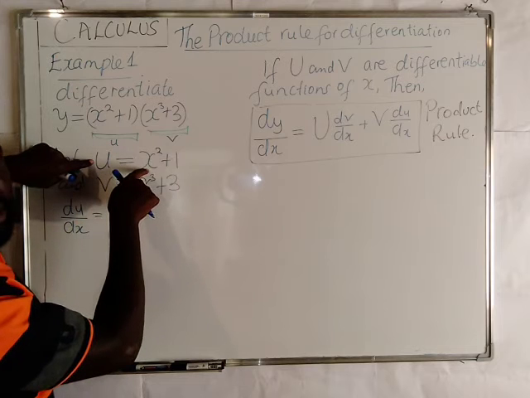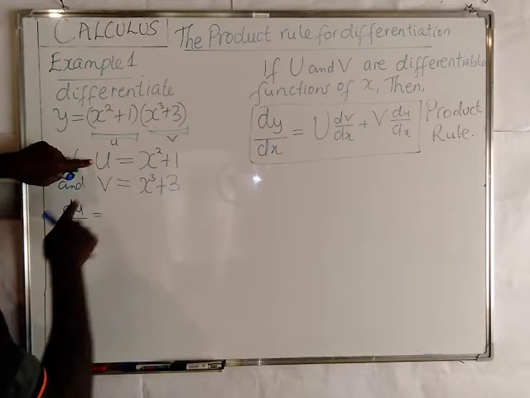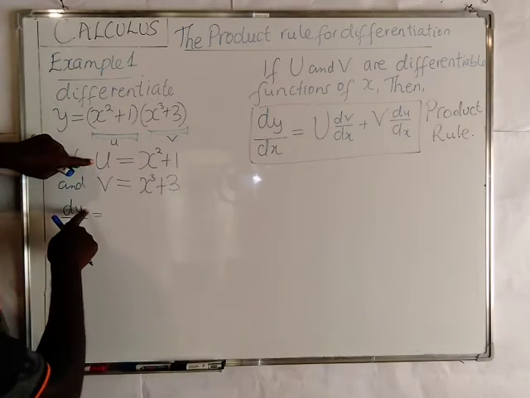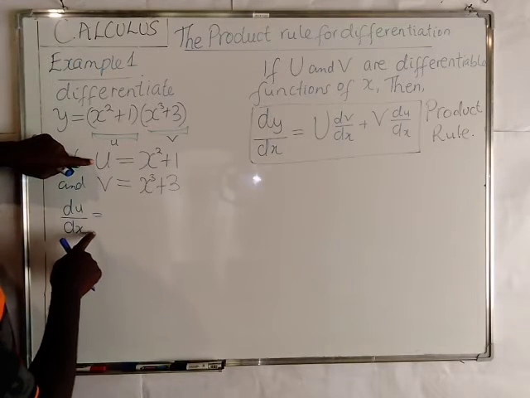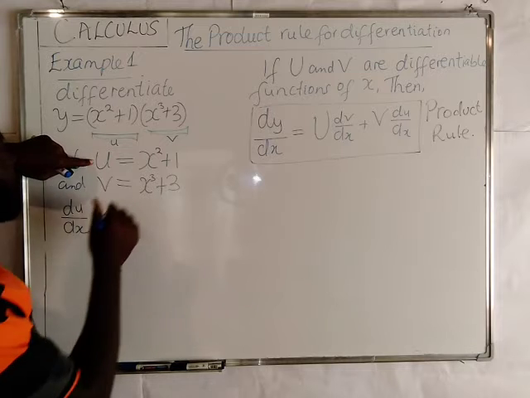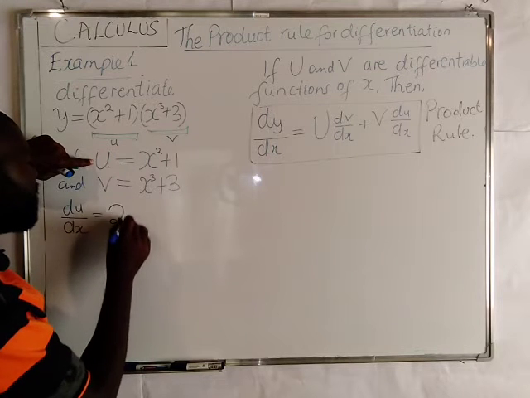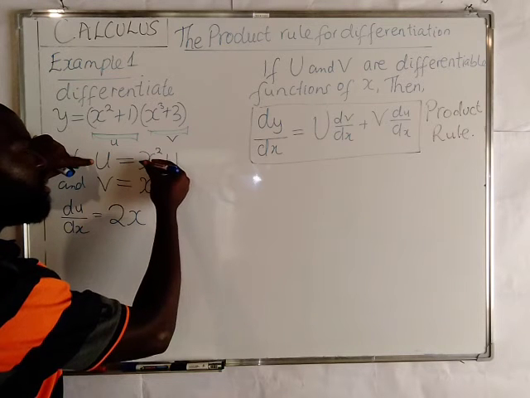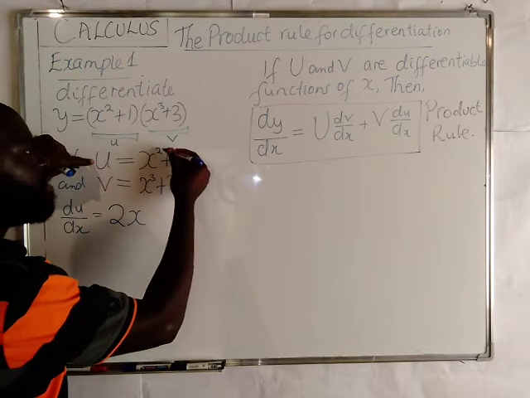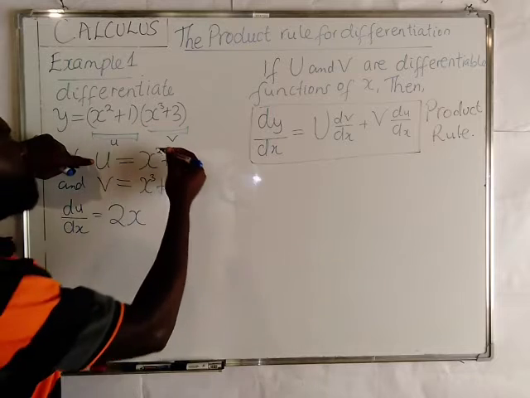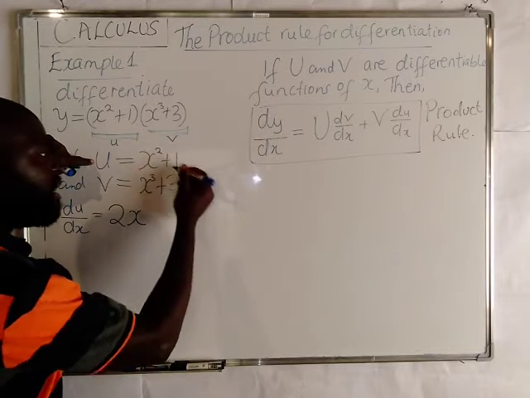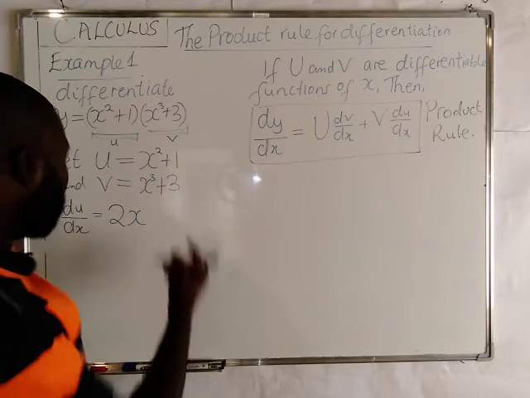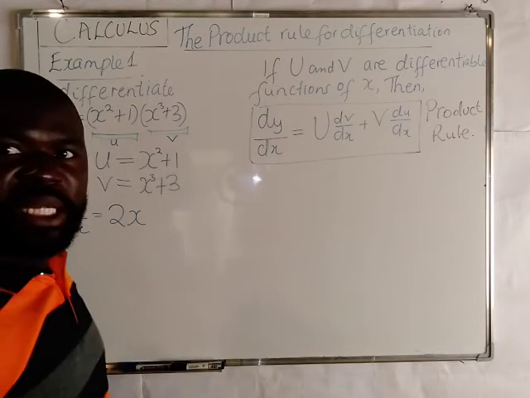So du dx will be 2x, because we shall just drop the 2 to the front so that we have 2x. Then the power will reduce by 1, so that we have power 1. And the constant 1 will just give us a 0, so we just forget about it. Okay, so this is our du dx.